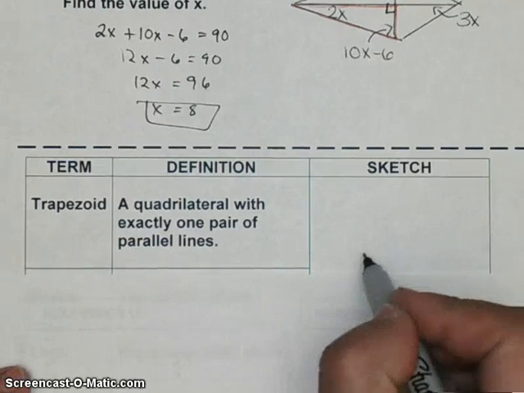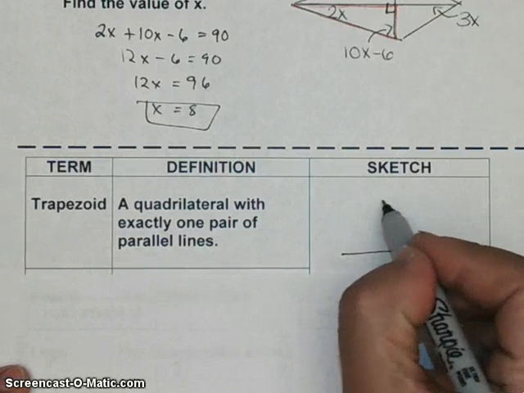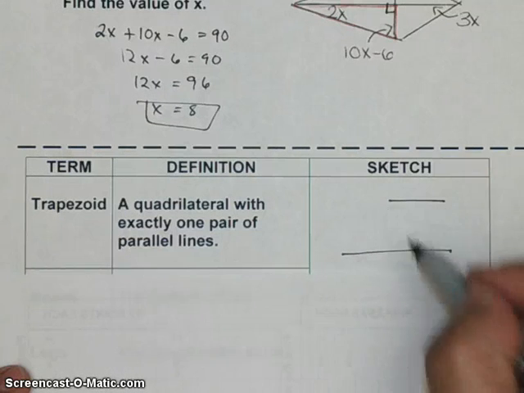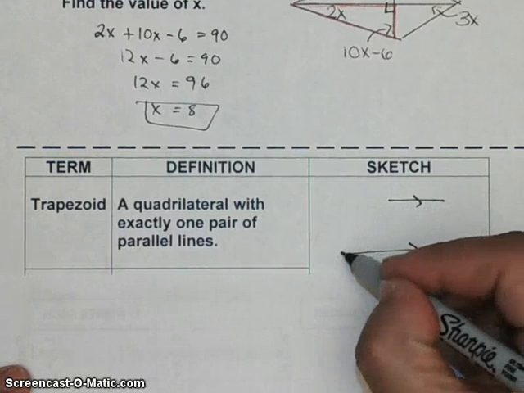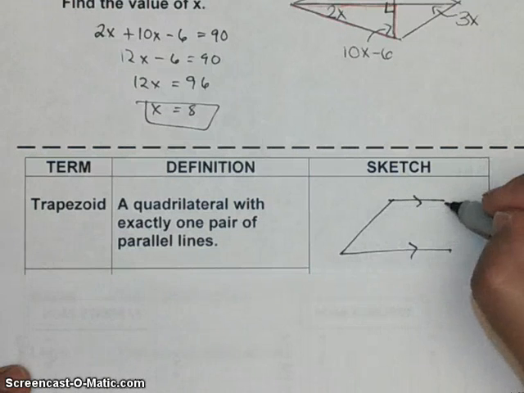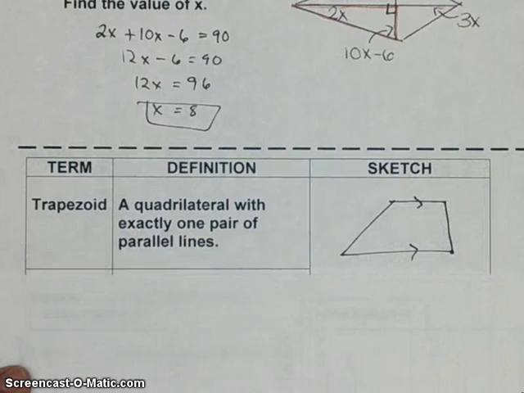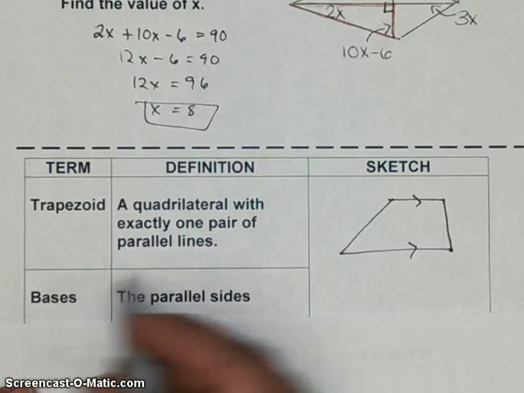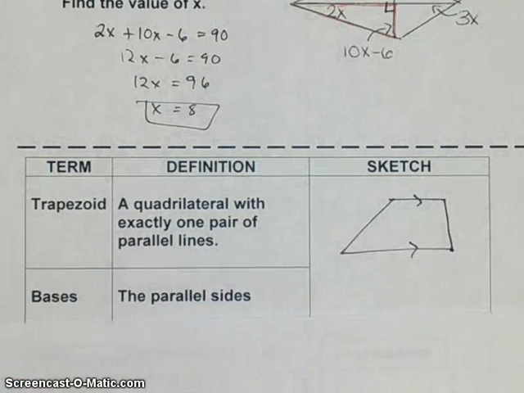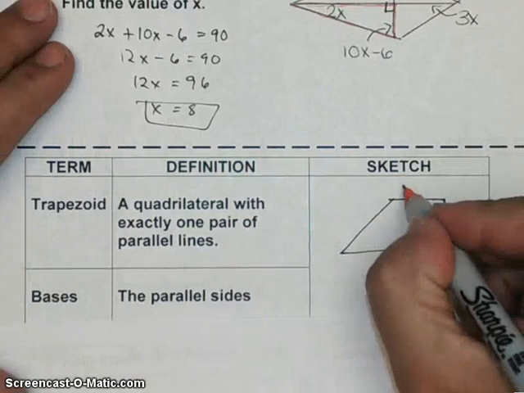Alright, so let's draw this. Okay, I have two sides that are parallel. Now, the bases are the parallel sides. So for a trapezoid, we have two bases.